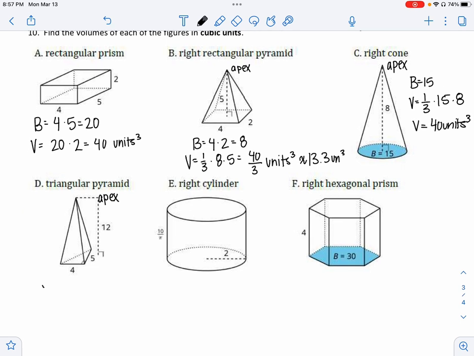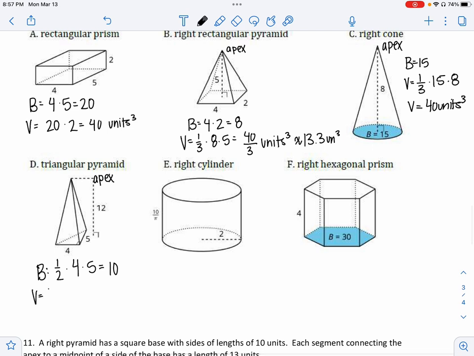The triangular pyramid, the base is a triangle. So it's going to be 1/2, and since 4 and 5 are both of the legs of the triangle, not the hypotenuse. If we had the hypotenuse, we'd have to figure out what these legs are. 4 times 5 times 1/2, that equals 20 divided by 2, which equals 10.